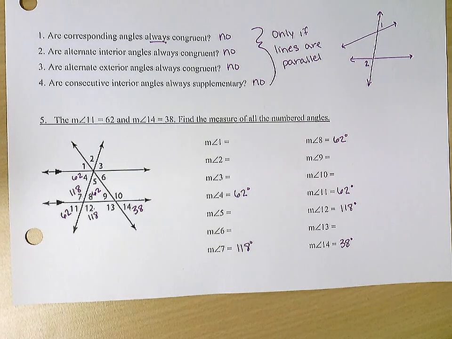I have a question. Because it's a triangle, those will equal 180? All three? Yeah. You don't need to know that to answer this question, but you can. Then you can still find 5.